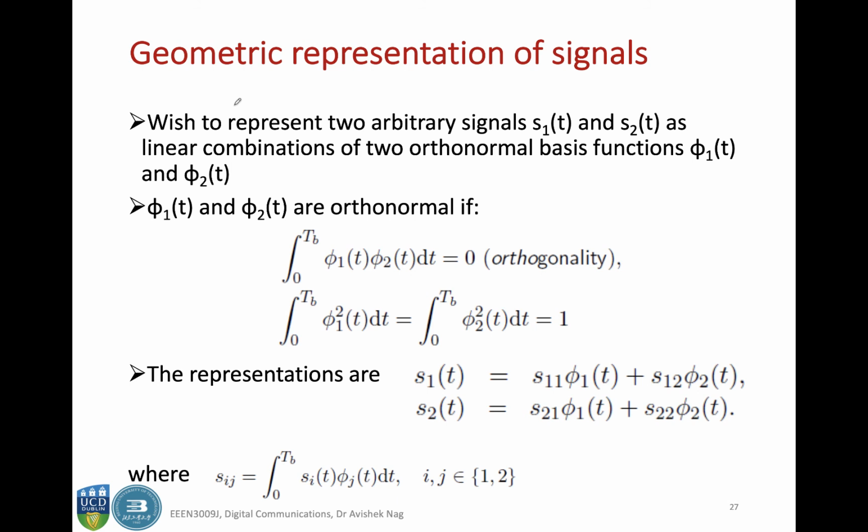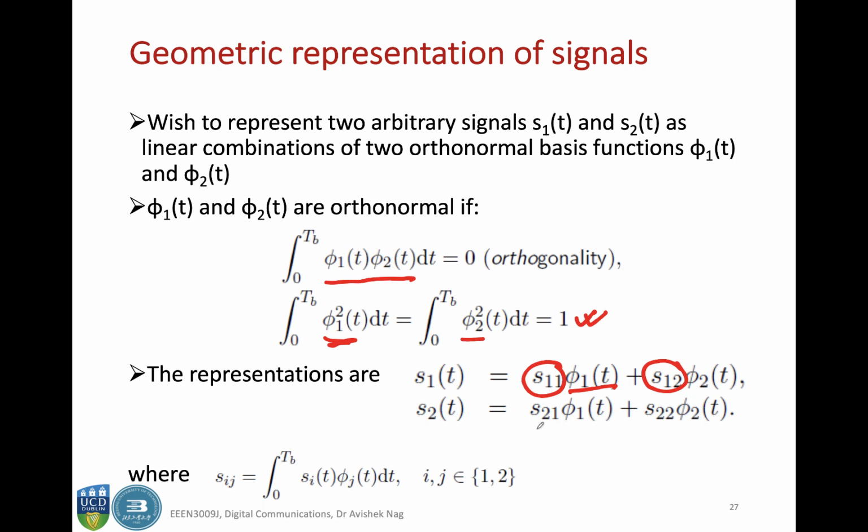If you can find two orthonormal basis functions phi1(t) and phi2(t), where the integration of phi1(t) phi2(t) over all values of t gives you 0, and the energy or the norm of phi1 and phi2 is equal to 1, then you can represent s1(t) as s11 times phi1(t) plus s12 times phi2(t), where s11 is the component of the signal s1 along the phi1 direction, and s12 is the component along the phi2 direction.